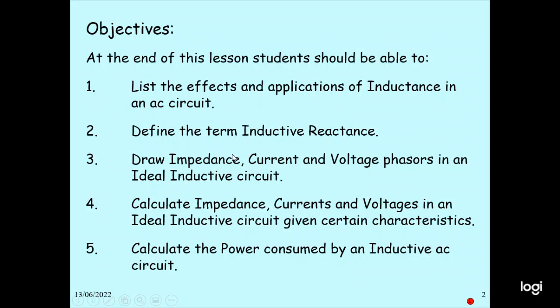So the subject is the inductive AC circuit. At the end of this lesson, students should be able to list the effects and applications of inductance in AC circuits, define inductive reactance, draw the impedance, current and voltage phasor in an inductive circuit, calculate the impedance, current and voltage in an inductive circuit given certain characteristics, and calculate the power consumed by the inductive AC circuit.